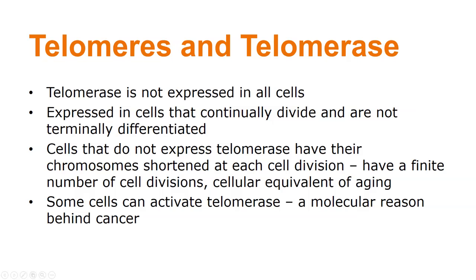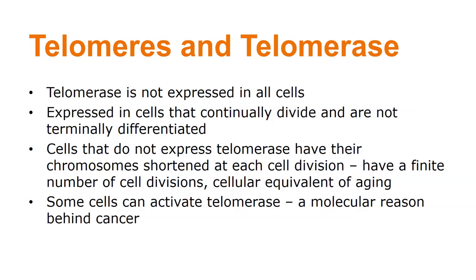However, you can, in certain instances, activate telomerase, and in many cases of cancer, this is what happens. If you look at cancers, about 90% of cancers, now if you're not familiar with cancer, basically you can think of cancer as uncontrolled cell division. Well, uncontrolled cell division will eventually limit itself if no telomerase is there, right?